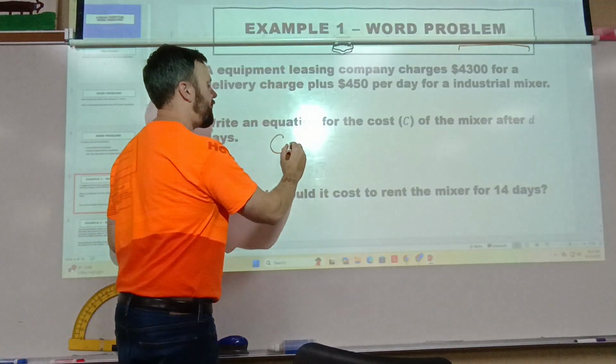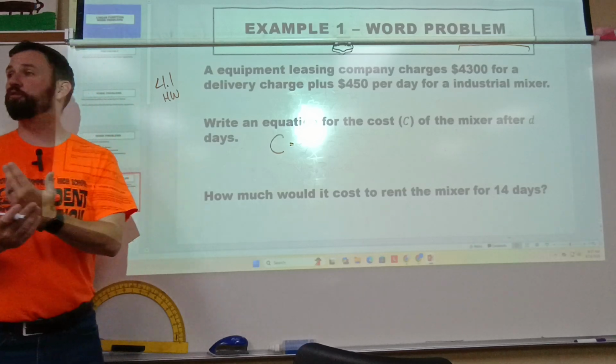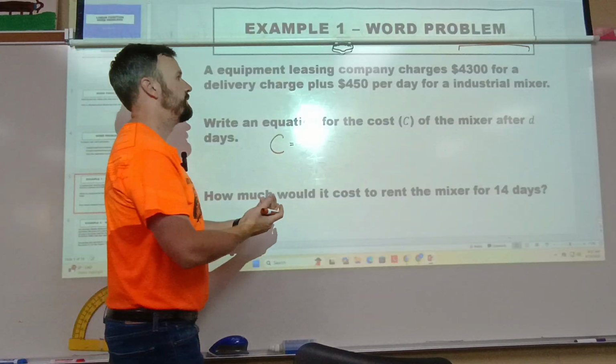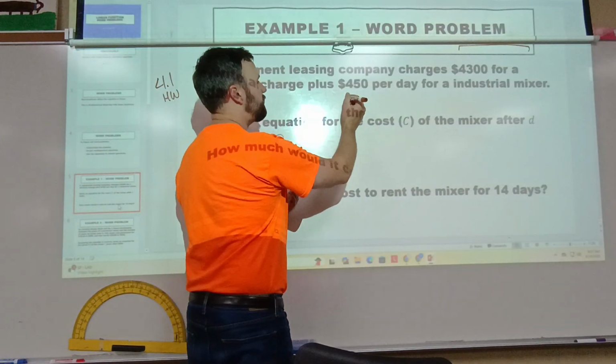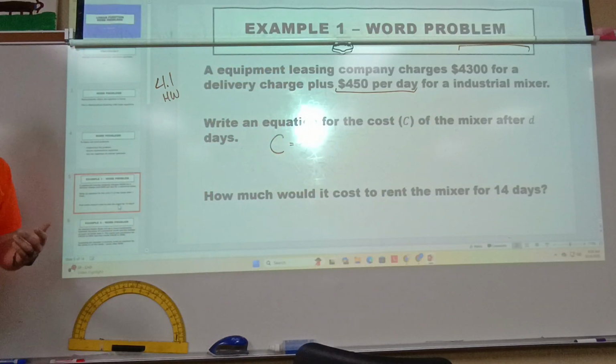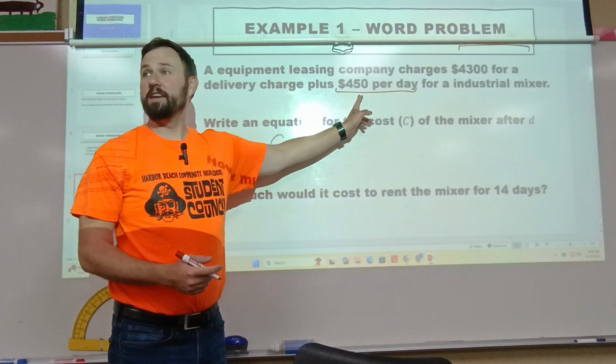I don't know the cost, but I do know what my rate is. Rate is slope, and slope is rate. What's my rate? Is there a per somewhere besides by a cat? Ha. We don't hang out with cats because we're college algebra dogs. So it's $450 per day.